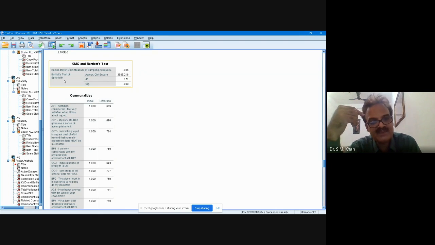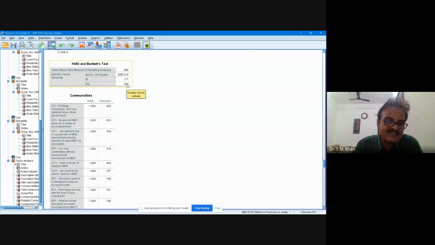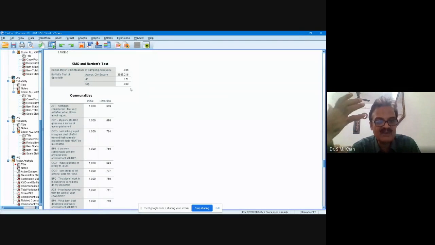So when the correlation between items is 0, then you will not have anything else in the factor analysis. So this value, if it is less than or equal to 0.05, then you are rejecting the null hypothesis and making an inference. The correlation matrix is not an identity matrix. The off diagonal values are having high statistical correlation coefficients. This assumption is verified.